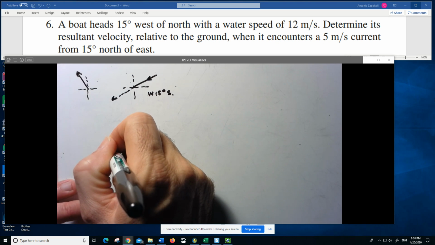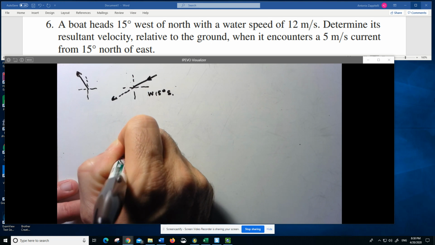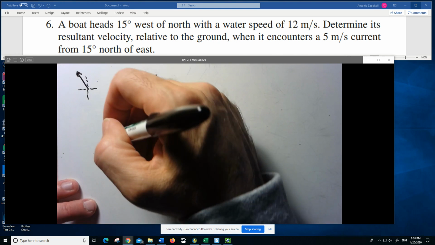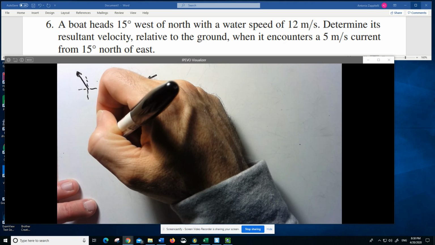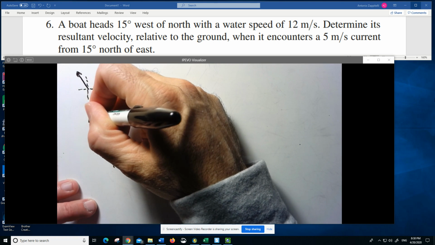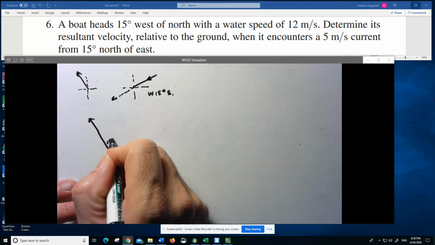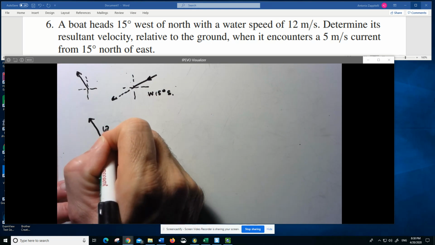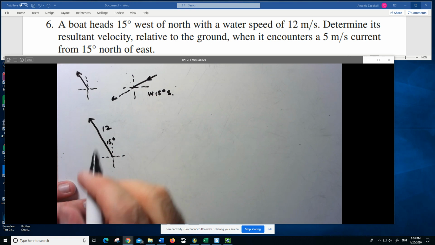Okay, so let me start here. The first thing it's doing is we said it's going north 15 degrees west. So let me draw a big vector there. Here we have 15 degrees, and we know that the magnitude of this vector is 12. And then we're adding to that the current.